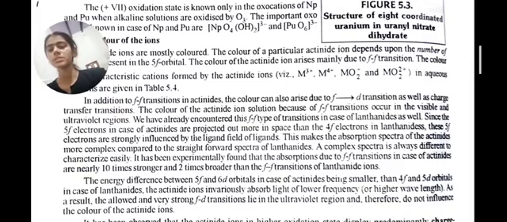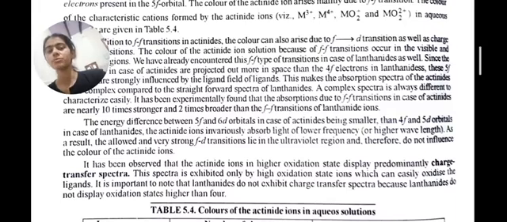The energy difference between 5f and 6d orbitals in actinides being smaller than between 4f and 5d orbitals in lanthanides, the actinide ions invariably absorb light of lower frequency. As a result, the allowed and very strong f-d transitions lie in the ultraviolet region and therefore do not influence the color of the actinide ions.